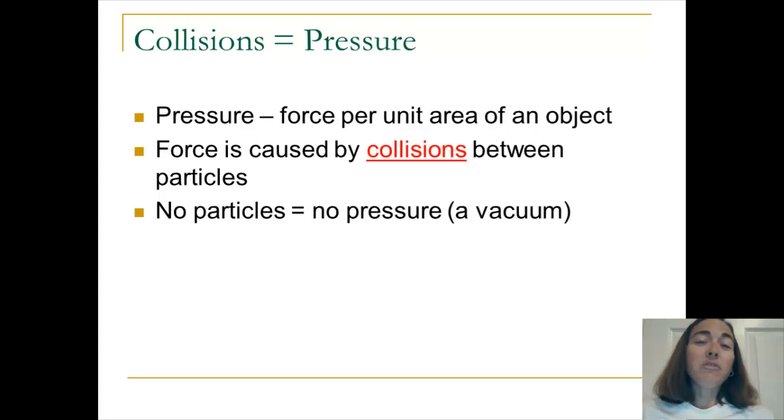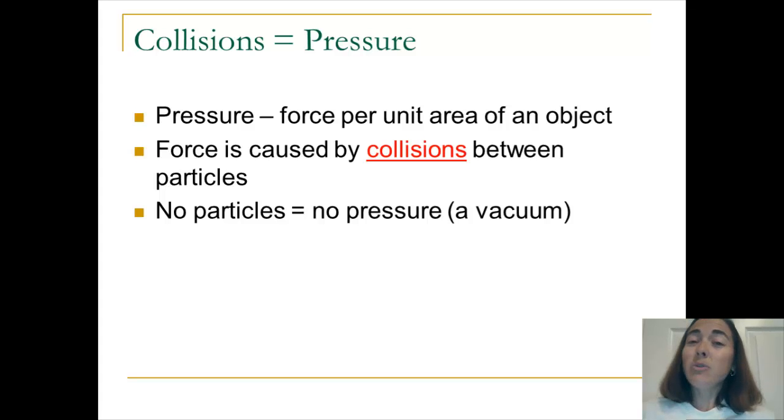Now, we've been talking about the motion of particles. If the air particles are moving around, they're bound to run into each other, and this creates a really important property of gases, which is pressure. Pressure is the force per unit area of a gas on an object. And the reason that we get pressure from a gas is caused by all the collisions of the particles with the wall of the container.